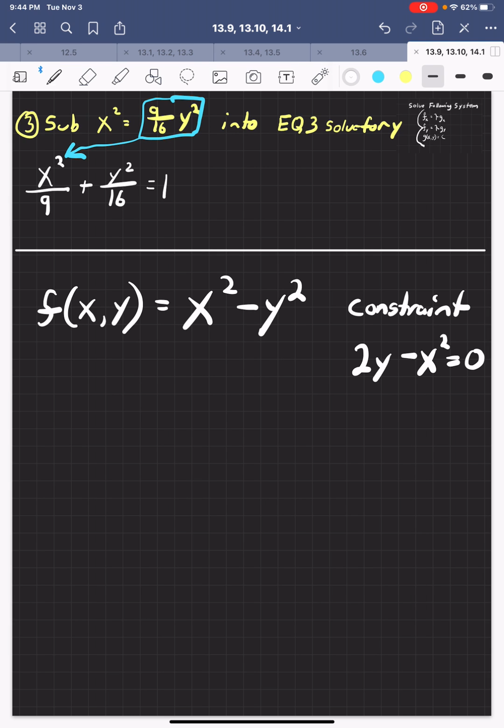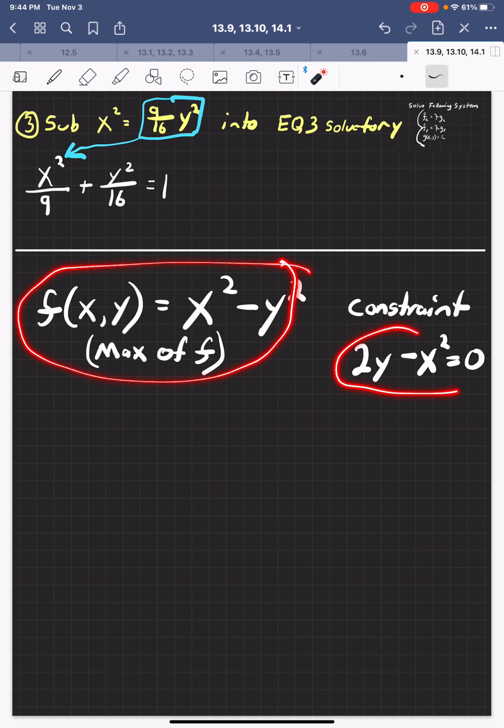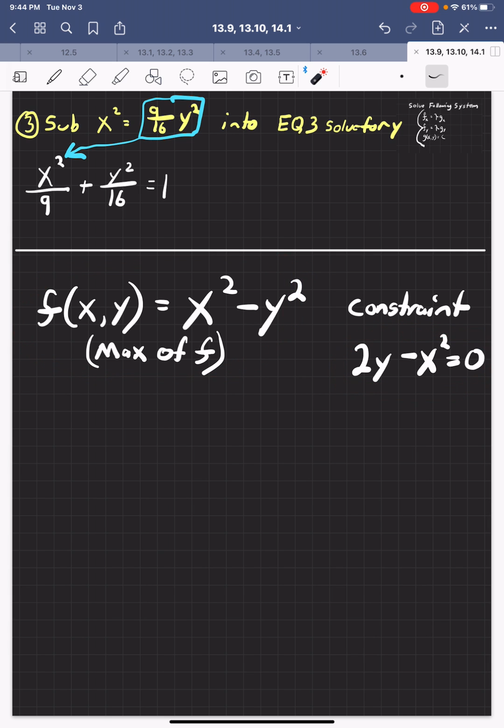So your goal is, can you use that Lagrange method to maximize f? Right, so we want to find the max of f. Can you maximize this function under this constraint? Can you try that Lagrange method, see what happens, see if you can do it?